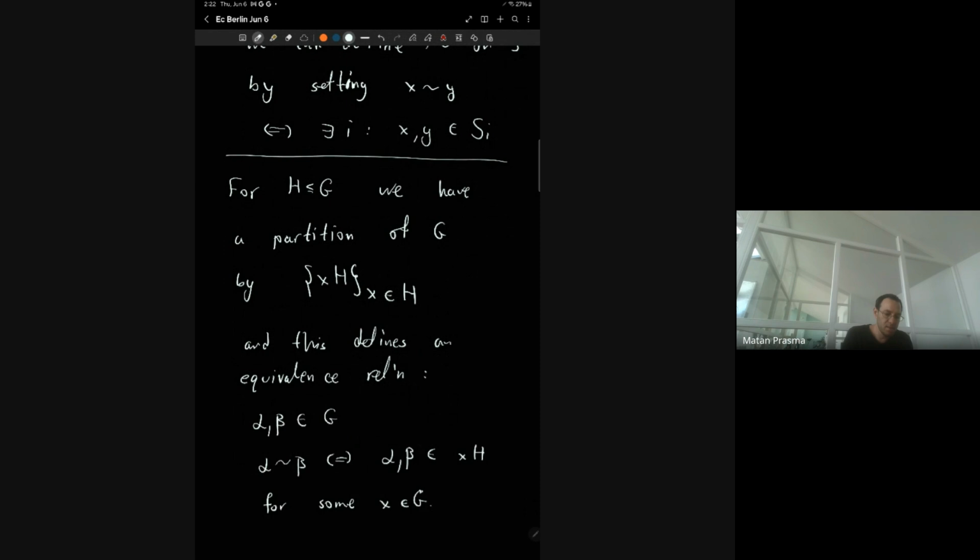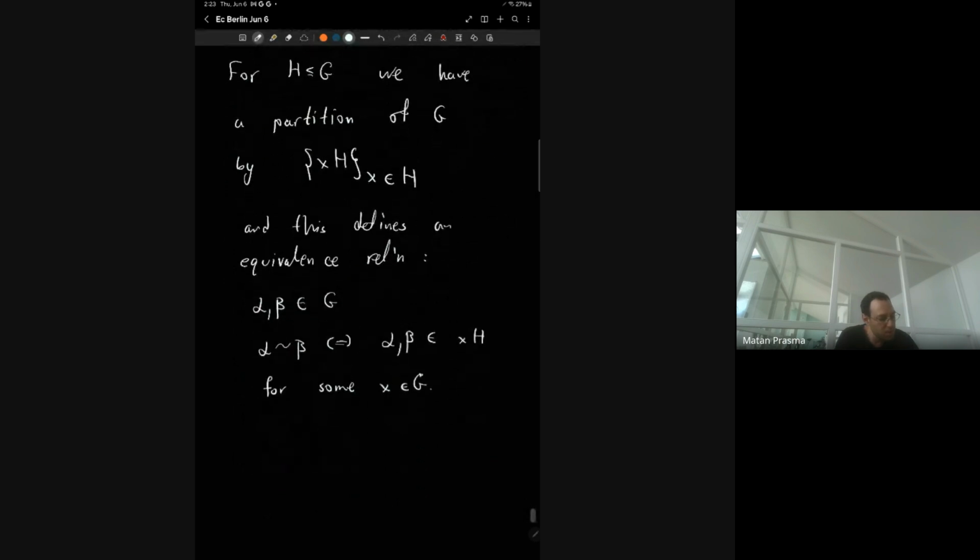And so if I have an equivalence relation, I can take the quotient. The quotient is taking all the equivalence classes of elements.